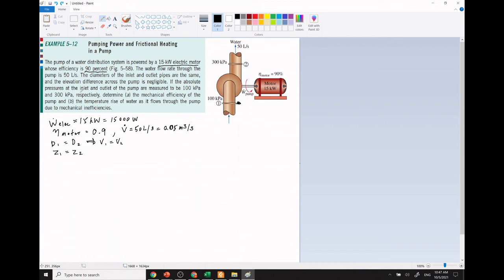The absolute pressures at the inlet and outlet of the pump are measured to be 100 kilopascal and 300 kilopascal. So for the inlet and the outlet of the pump, the pressures are 100 and 300.